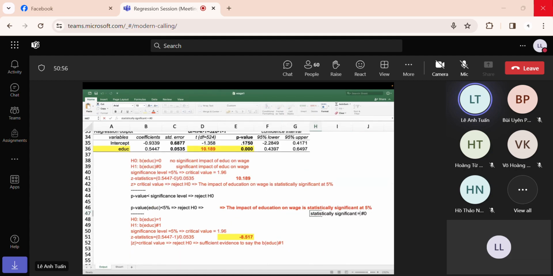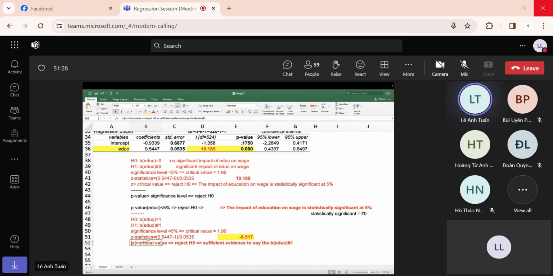If you say it is statistically significant, that is similar to saying the impact of education on wage is different from zero. And in this situation, you would like to test whether the coefficient is different from one. So this will lead to saying the impact of education here is different from one, or we have sufficient evidence to say the coefficient here is different from one.